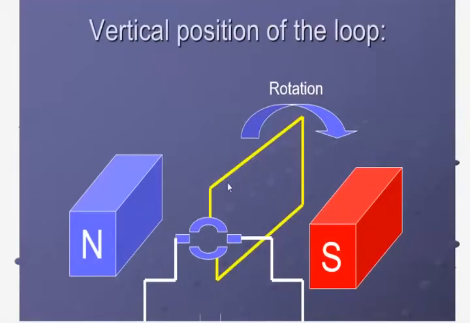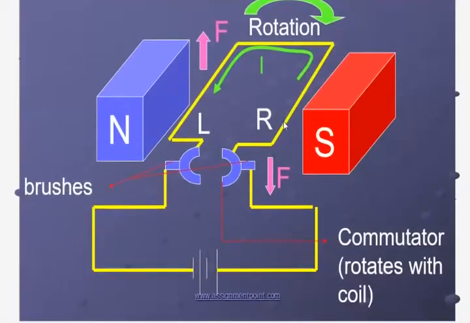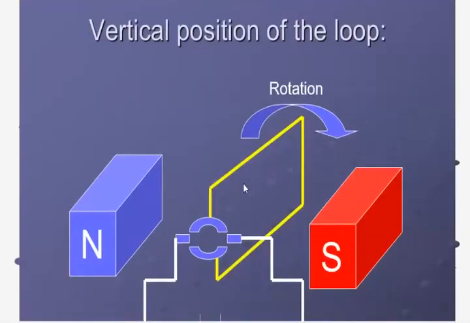When this coil, after rotating, comes to the vertical position, you see here, again there is magnetic force acting on this arm and magnetic force acting on this arm.